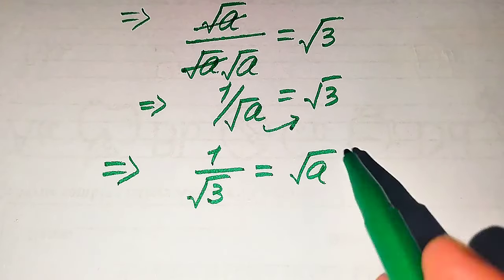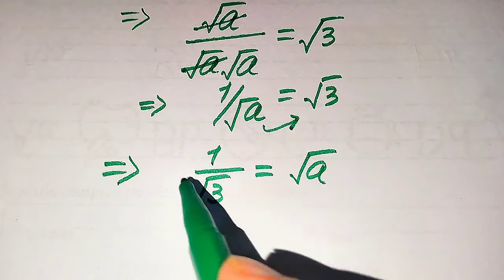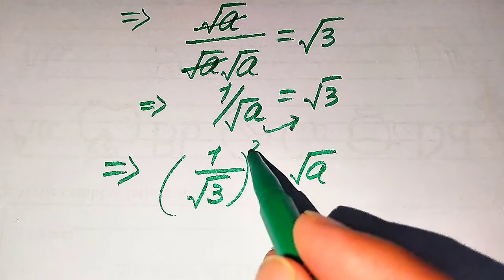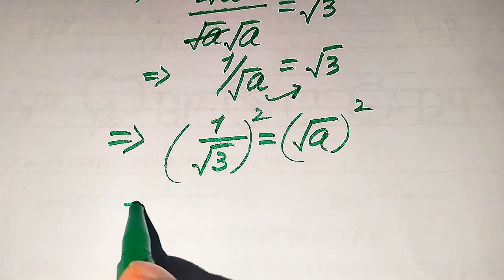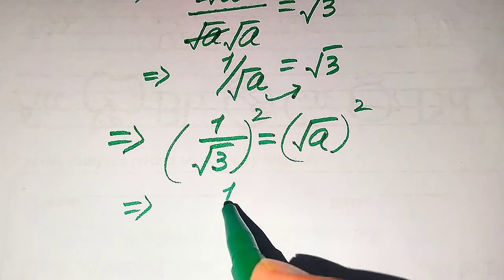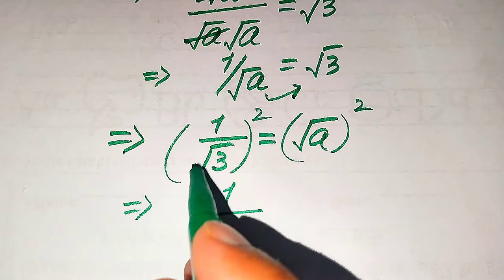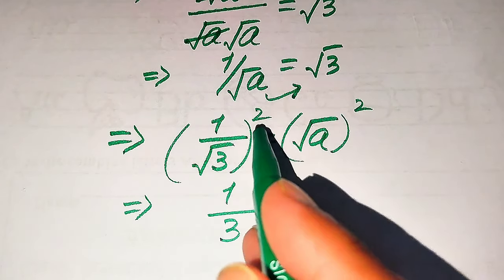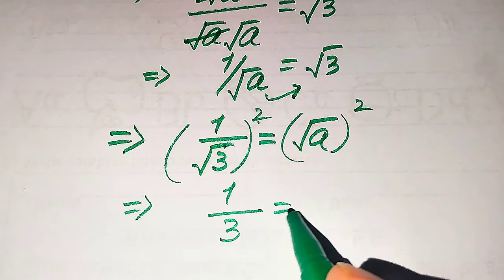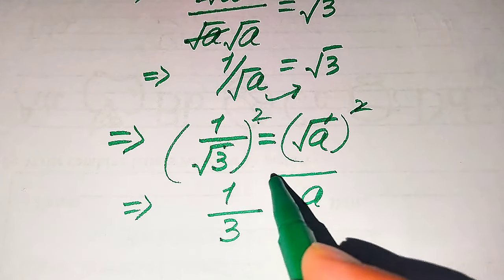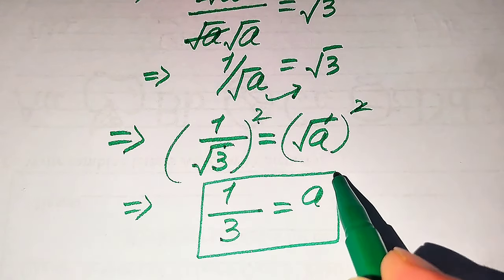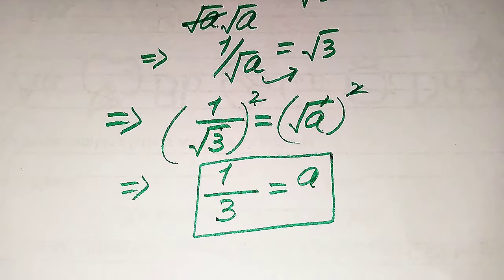For the value of a, we take the square on both of the sides. The square of 1 becomes 1 and the square of square root of 3 becomes 3, because the square and the square root cancel out each other. On the right hand side we get a, so a equals 1 over 3.